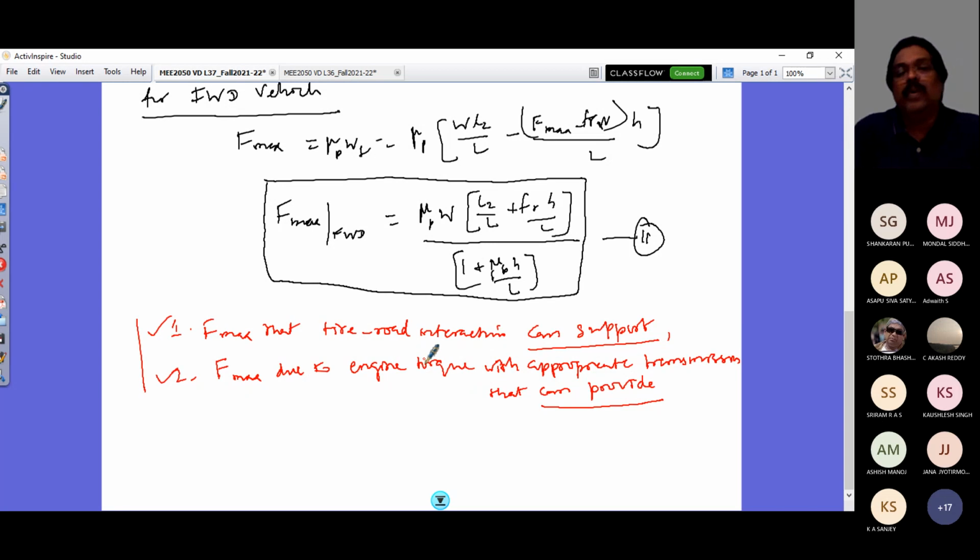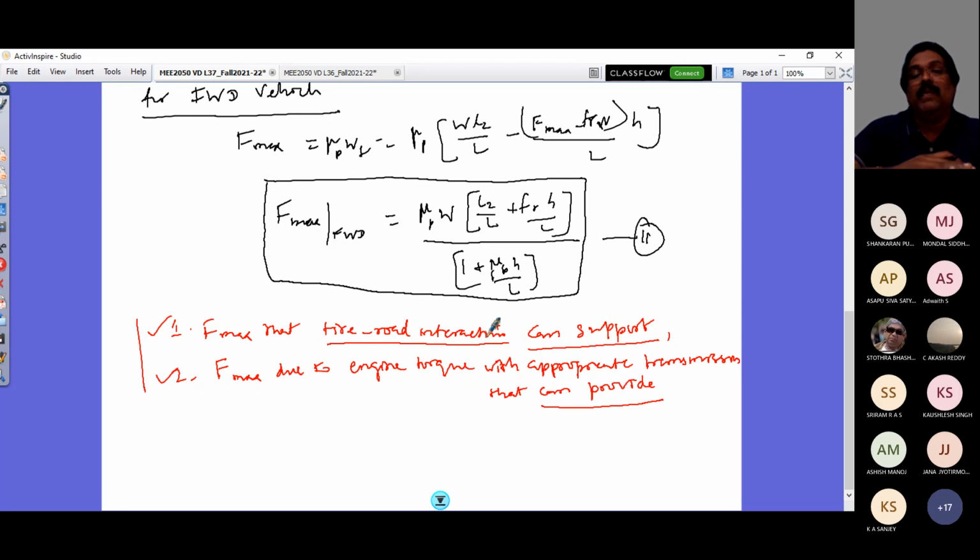We have to physically look at what is happening with your vehicle when you drive. For example, at low gears, the first gear, whenever I need to negotiate a grade with fully open throttle, I have to get the maximum tractive effort. At that time, what decides my performance potential is most of the time the first factor, tire-road interaction.